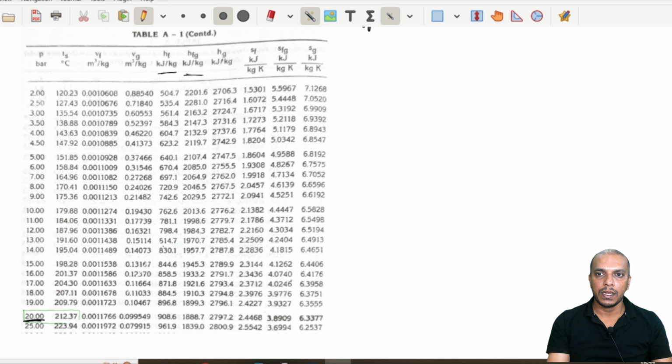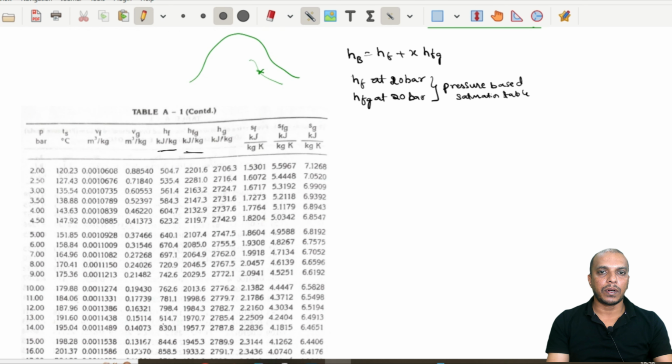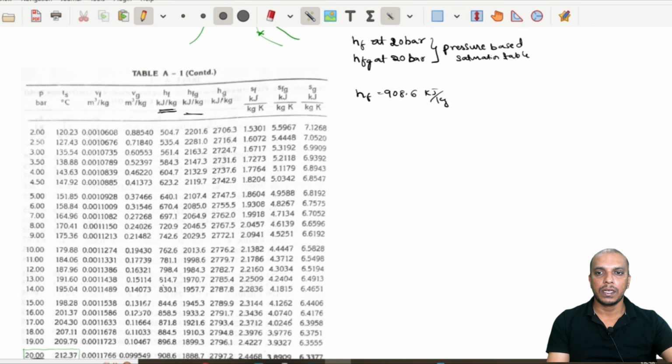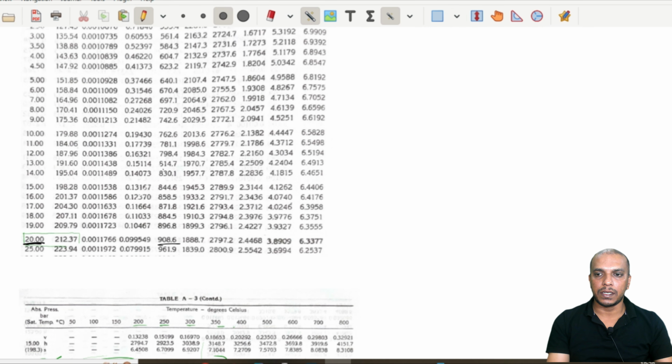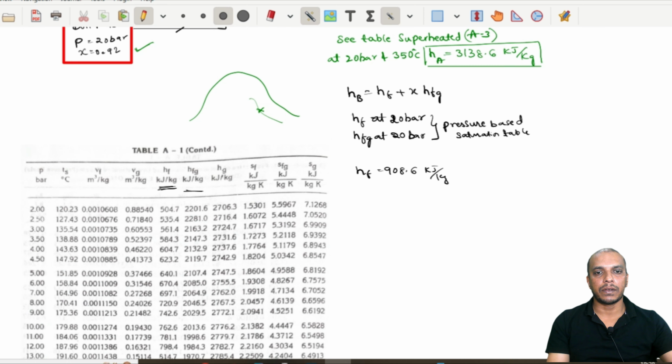For 20 bar, HF is 908.6 kilojoule per kg. The unit is written at the top, kilojoule per kg, and HFG is right beside it, 1888.7 kilojoule per kg.